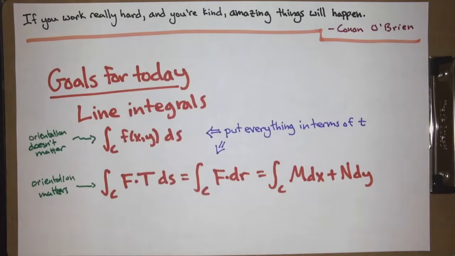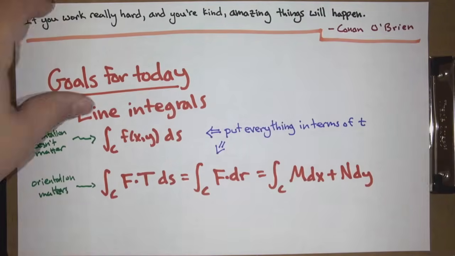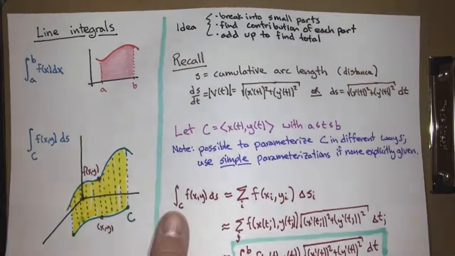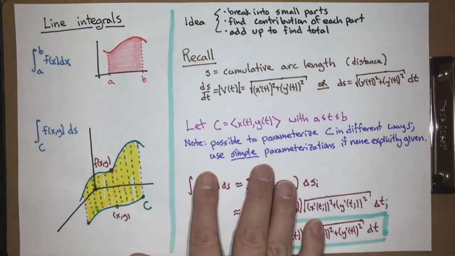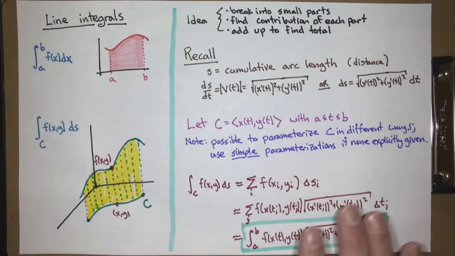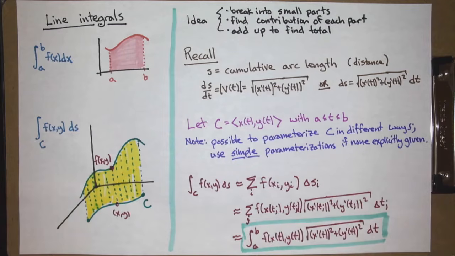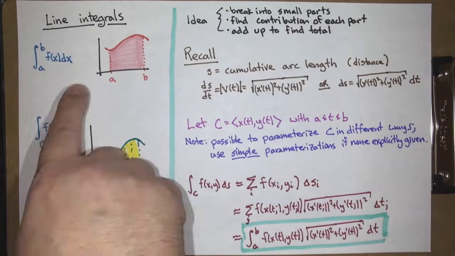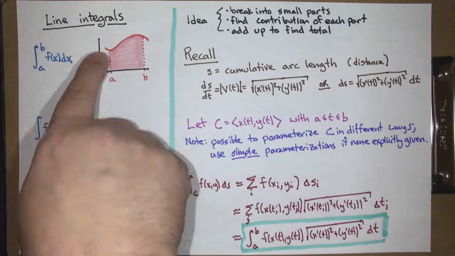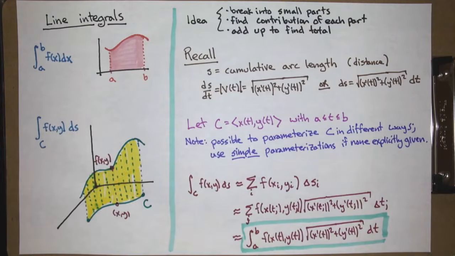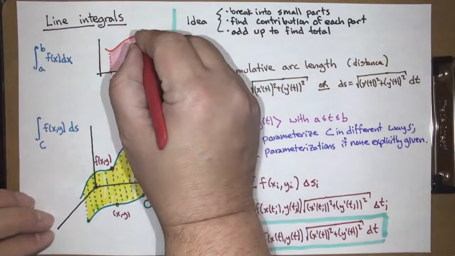All right. So let's begin. So we'll start with the basic idea of line integrals. Now, we understand integrals from Calc 1. We have this sort of notion, if I'm integrating a function from a to b, so here, this curve is my curve f of x.